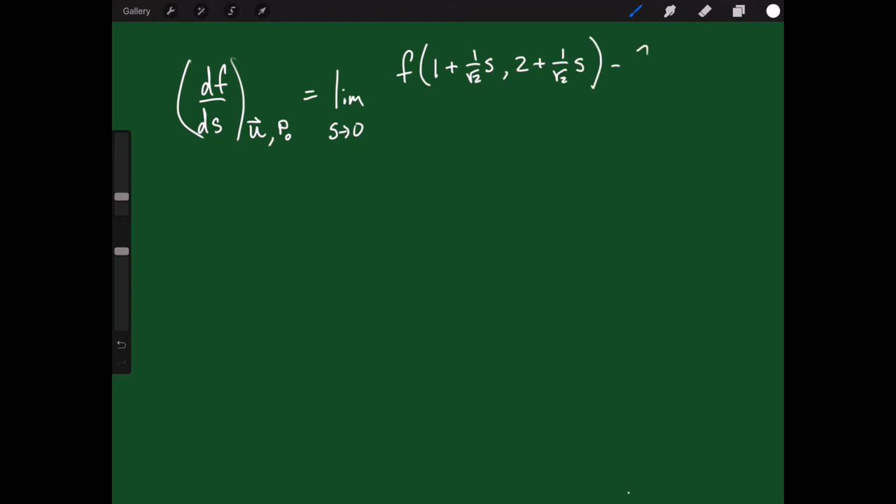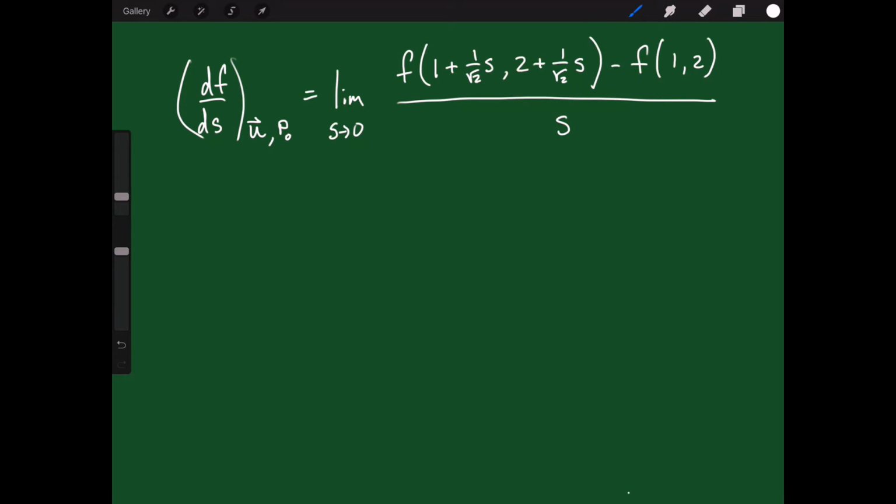Then I subtract f of my point, specifically (1, 2), divided by s. So really, I just plugged in what I knew: I know my x0, I know my y0, I know my u sub 1, I know my u sub 2. So I just plugged it all into this directional derivative formula.